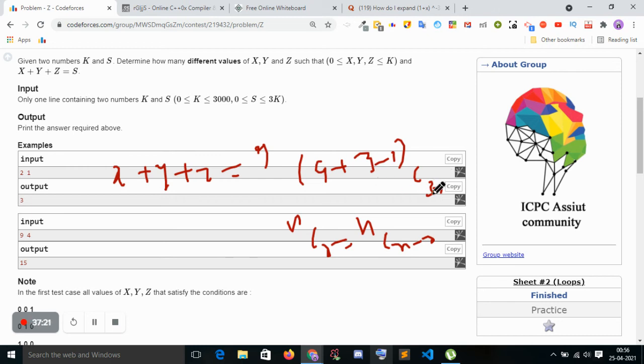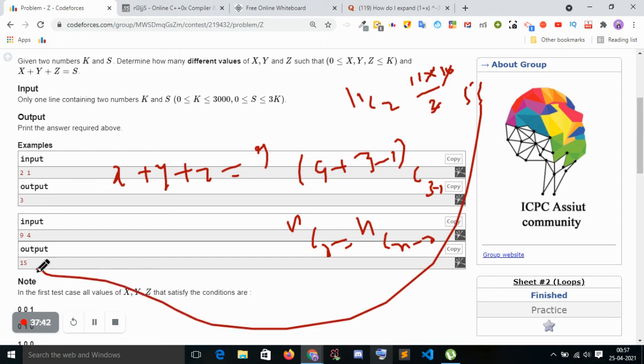After solving this, 9 plus 3 is 12, 12 minus 1 is 11, 11C2 is 11 into 10 by 2, which is 55. But our answer is 15. Why is the answer 15? Because it is mentioned that the limit of x is greater than or equal to 0 and less than or equal to 4.